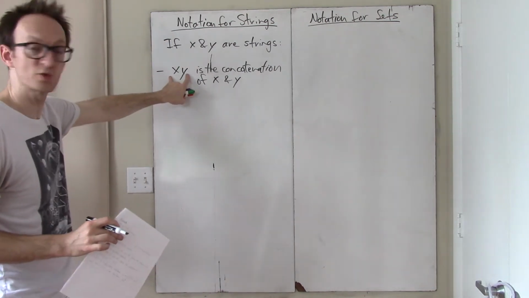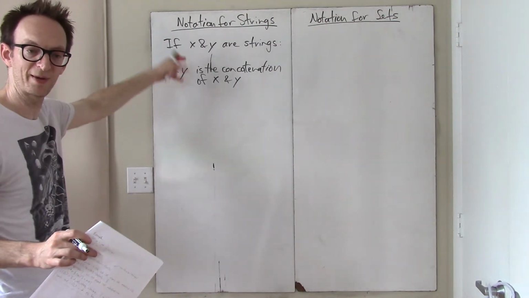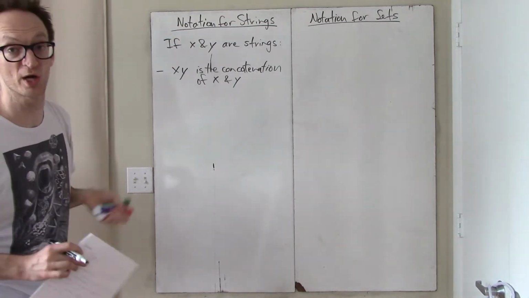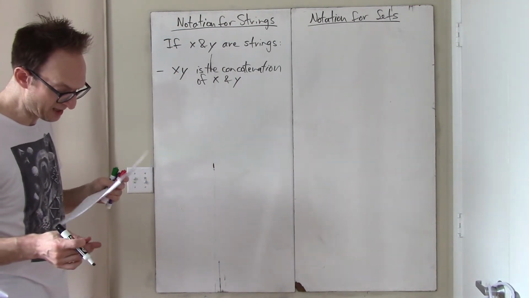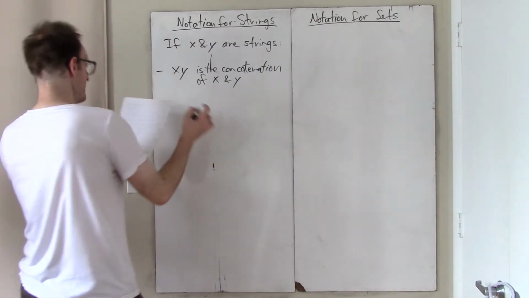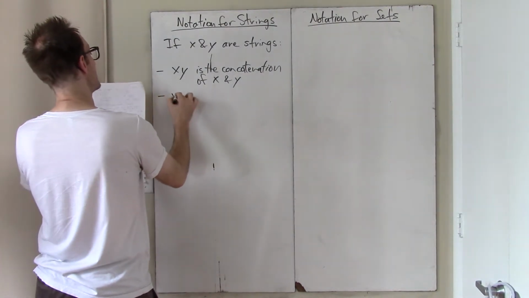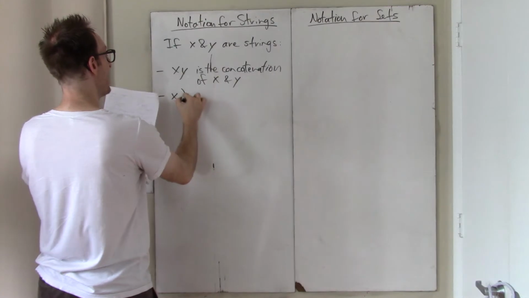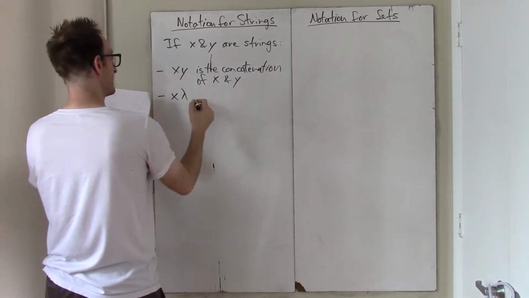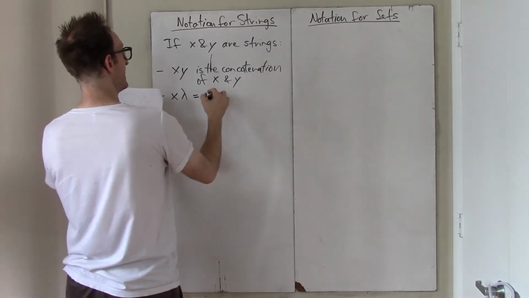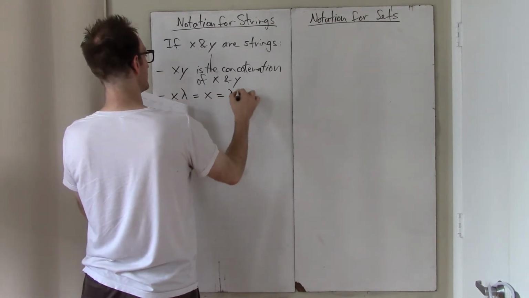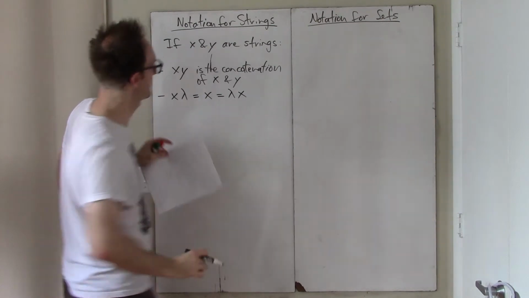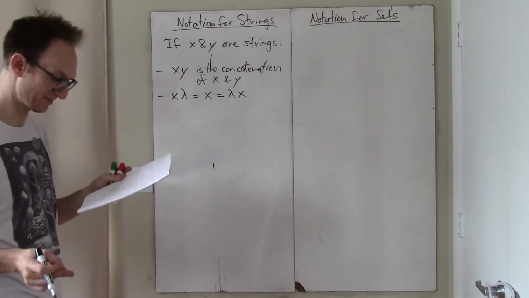Anytime you see two strings written right up against each other, that's a new string. You know what concatenation is. Notice that X, any string, concatenated with the null string is just X, whether you put the null string on the front or the back. That's something worth mentioning.